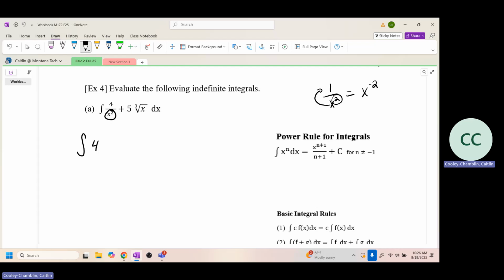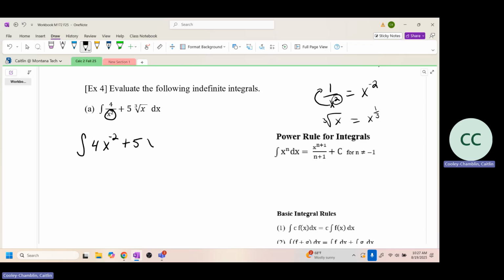If you have more questions than that, please email me. This is x to the negative 2 plus 5. And remember from algebra that the cubed root of x is really just x to the 1/3. I do have videos on all of these things. If you're struggling with some of these little algebra rules, just let me know and I can upload those as well.